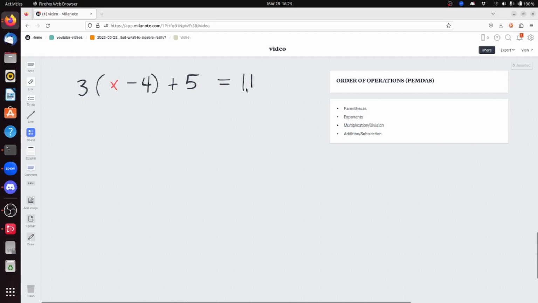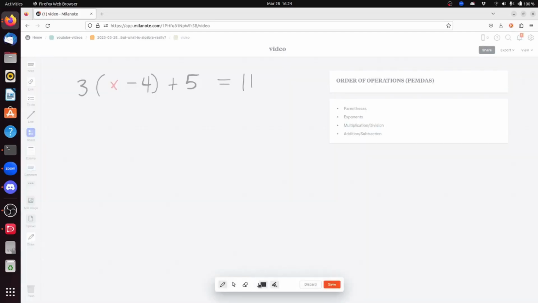So one way you could look at this is you can say that addition is the last operation, so that would be this plus 5 here, and you could say what number plus 5 has to equal 11. Another way to answer that is what is 11 minus 5? So basically that would be 6. So if this number here is 6, then you would have a true equation. 6 plus 5 does equal 11.